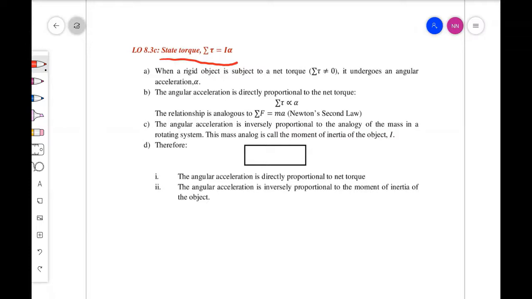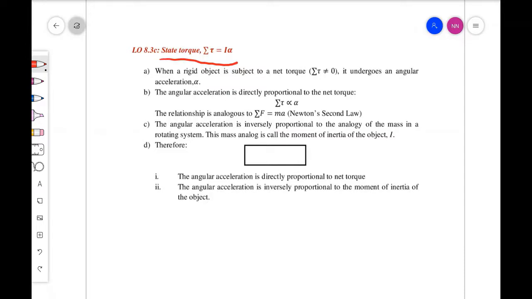Dah tengah rotate. Dia tak sama dengan 8.2. Dalam 8.2 net torque equals 0 because the object in equilibrium. Dia tak rotate, dia tak buat rotational motion. Tapi cuma dia ada tendensi untuk rotate, dia ada kecenderungan untuk rotate tapi belum rotate.